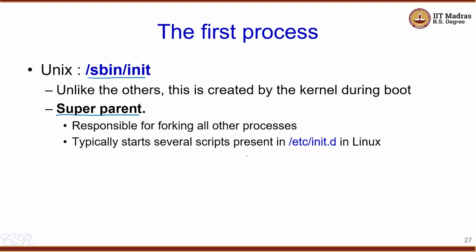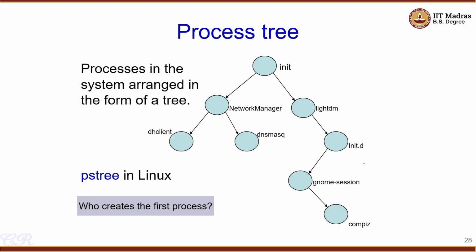Specifically in Linux, this first process would essentially look into this particular directory, /etc/init.d, which would essentially list several other programs that need to be started every time the system boots up, right? So if you look at this entire set of processes running in your system, you can arrange it as a particular tree.